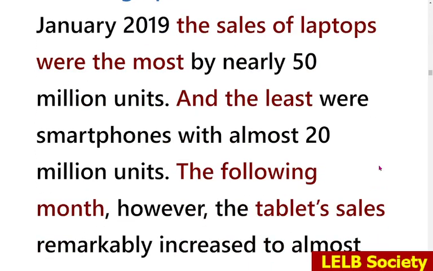And the least were smartphones with, it's not normal to start an independent sentence with and, because and is generally used to connect two independent sentences, as a coordinating conjunction. And the least what? You need to avoid any kind of ambiguity or vagueness. Were smartphones with almost 20 million units.